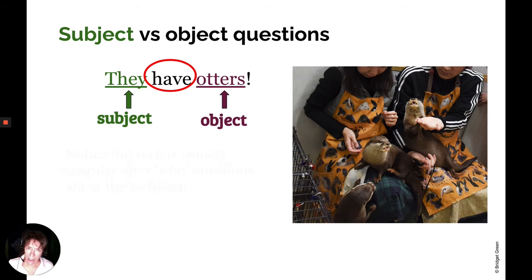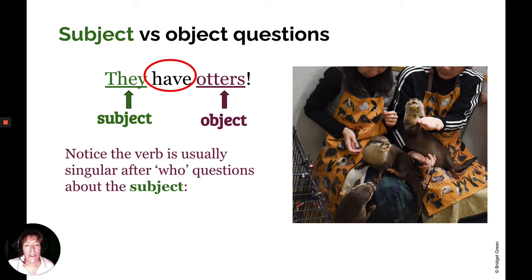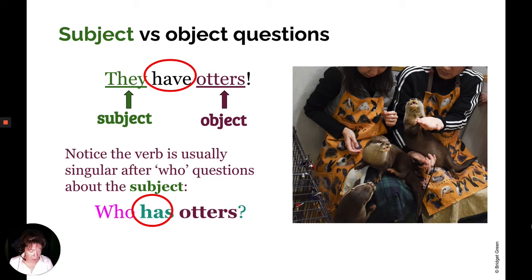Now, here's a tricky bit. The verb is usually singular after who questions about the subject. So, who has otters? Notice we're talking about something plural here, but we're more concerned with who. Who is usually with a singular verb, right? Who has otters. Not always, but usually. Okay.